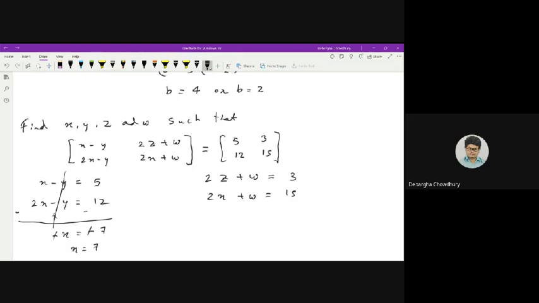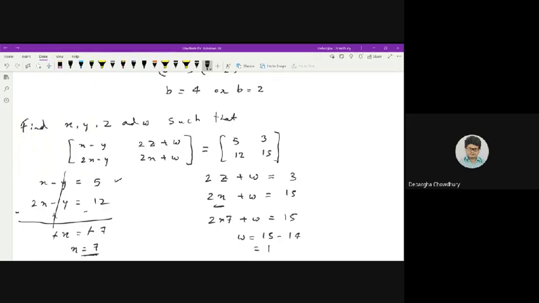Now let's see what we can do. We could substitute the value of x in this equation. So it becomes 2 times 7 plus w equals 15. So w equals 15 minus 14, which is 1. So we have the value of w. We can use this value of x in this equation to get the value of y as well.